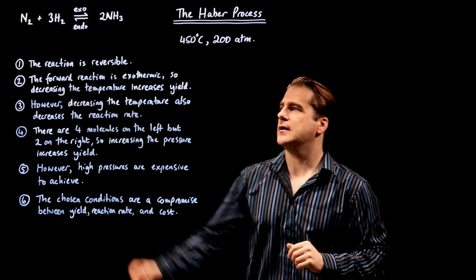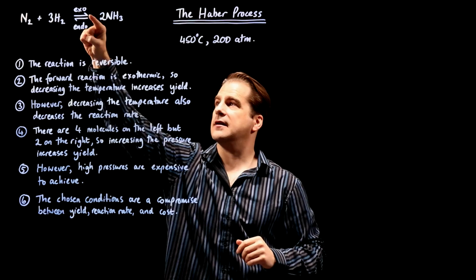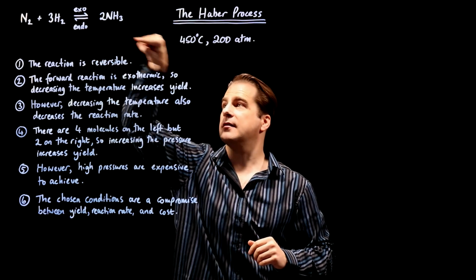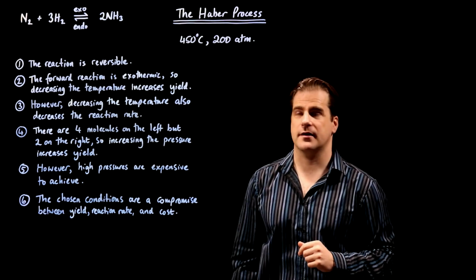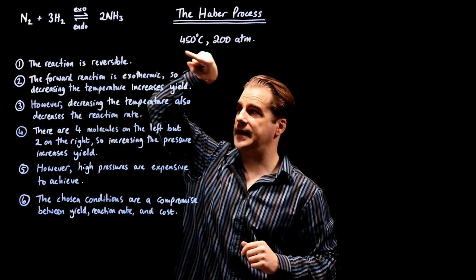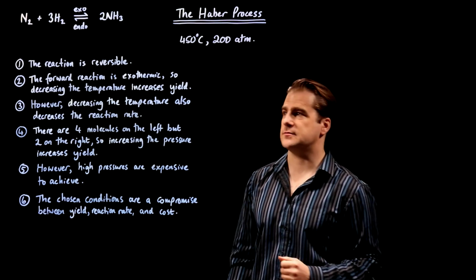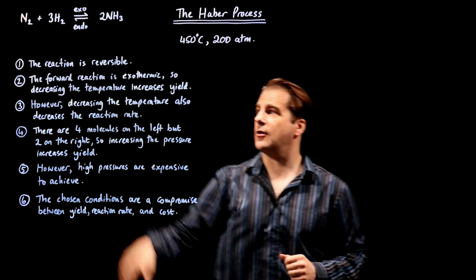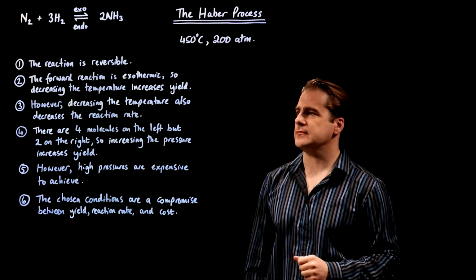In the forward direction, it's exothermic, and in the backward direction, it's endothermic. Exothermic meaning heat is released in the forward direction and heat is taken in the reverse direction. Okay, so get that down on the page first.